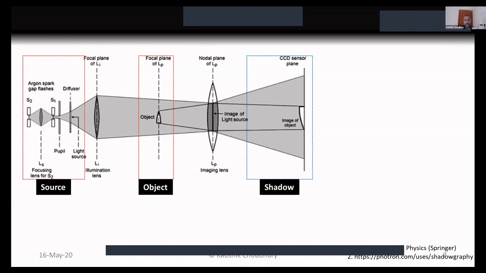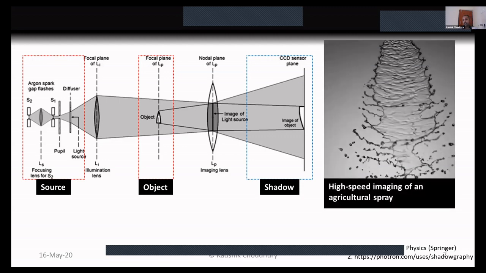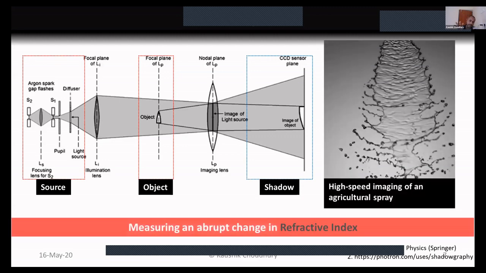So how exactly does this happen? We have a source of light, we put an object, and that object casts a shadow. As simple as that. One of these examples is the image of a jet that comes out of an agricultural spray. Now we can see exactly what the spread of it is, what the extent is, and how exactly it looks.